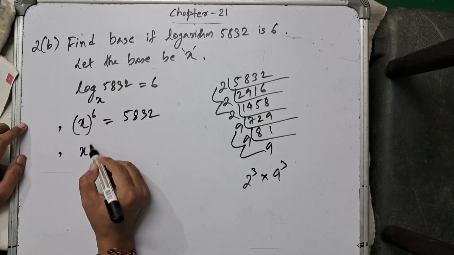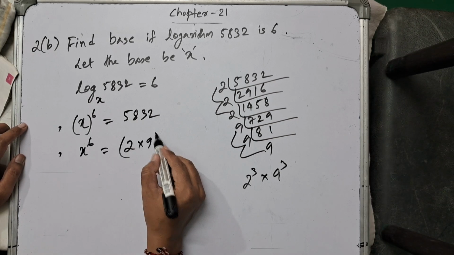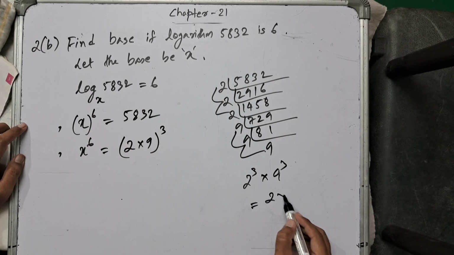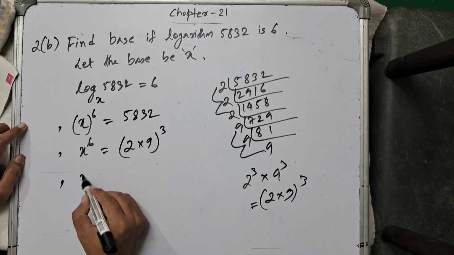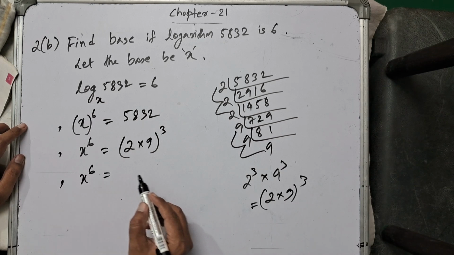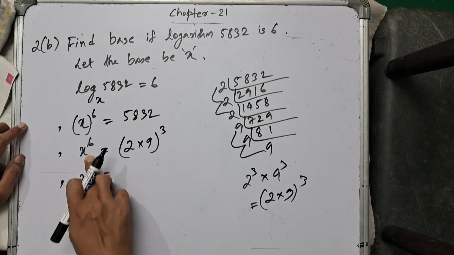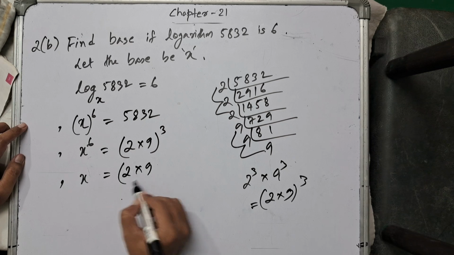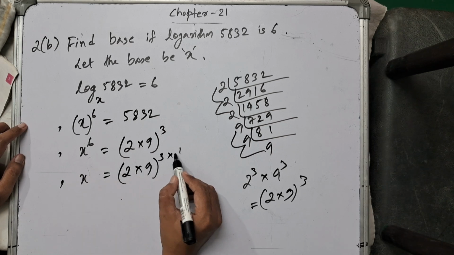Or x to the power 6 equal to 2 into 9 whole cube, isn't it? 2 cube into 9 cube means 2 into 9 whole cube. Okay. So x to the power 6 equal to this, let me take this power 6 to the right hand side. 2 into 9 whole to the power 3 into 1 upon 6.